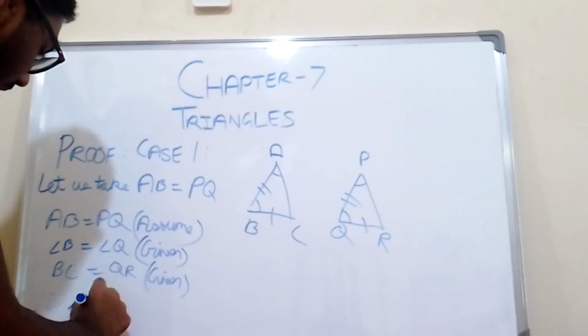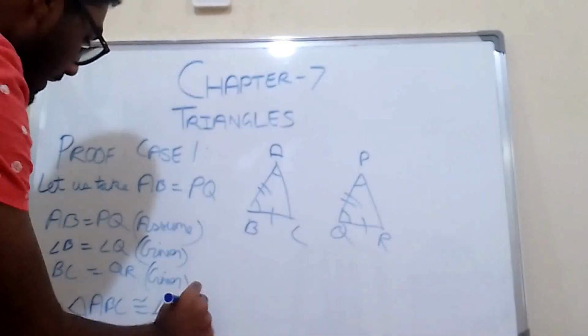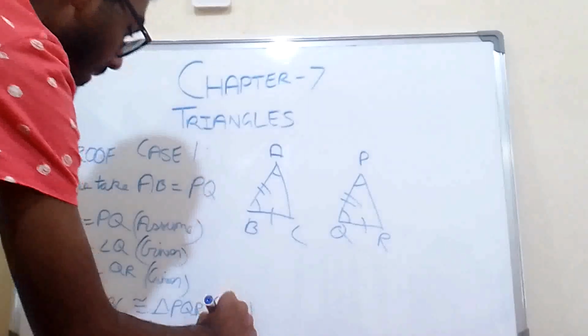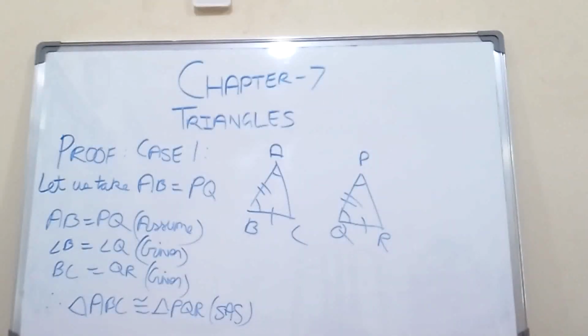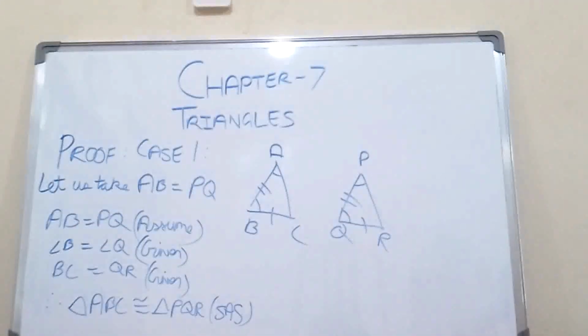Triangle ABC is congruent to triangle PQR using SAS congruency, which means that in the first case we assumed that AB is equal to PQ, and if we take that assumption, then we can prove that the two triangles are equal. Now let us go to our second case.